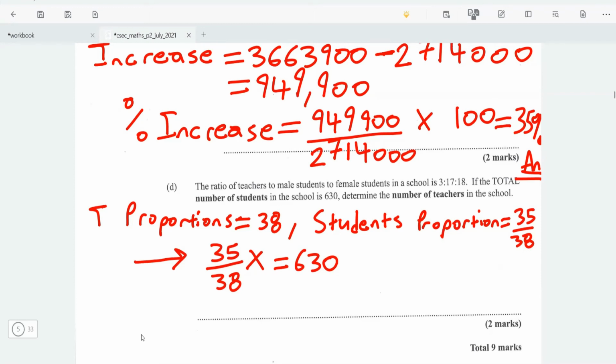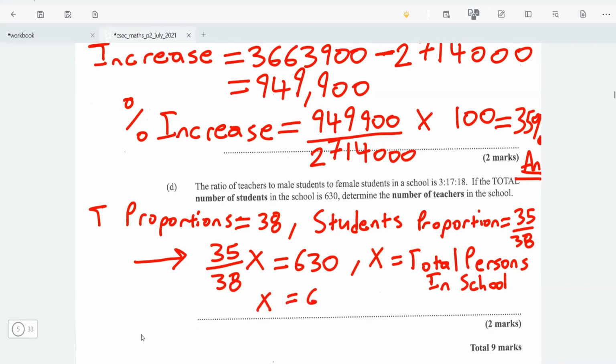So let's put a comma where x is total persons in school, meaning total number of teachers and students. All right, so all we need to do then is divide 630 by 35 over 38.